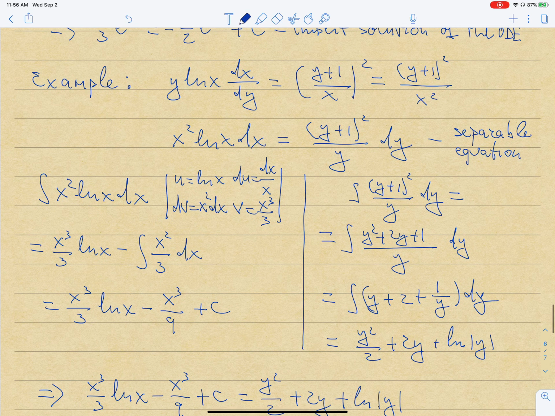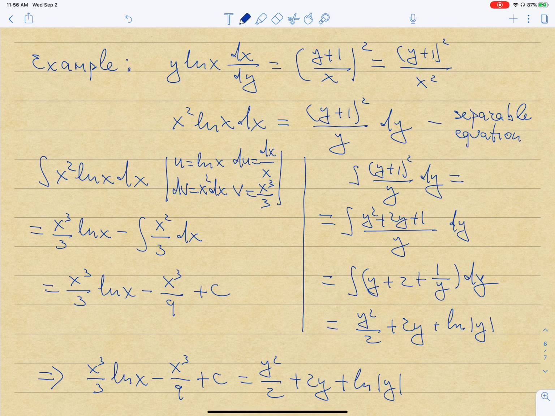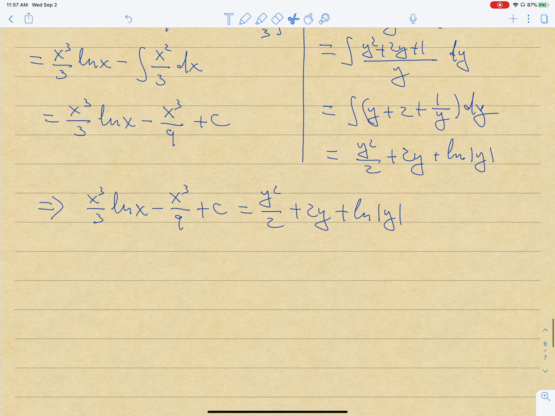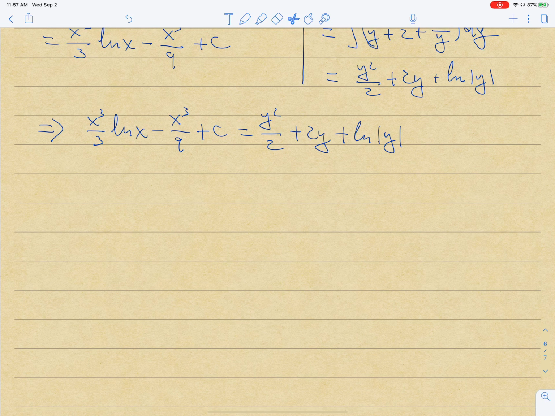And is that it, or should we look for other solutions? Notice that in this case, I wrote the derivative dx/dy, so I'm looking at x as a function of y. To find possibly additional equilibrium solutions, what would I need to do?